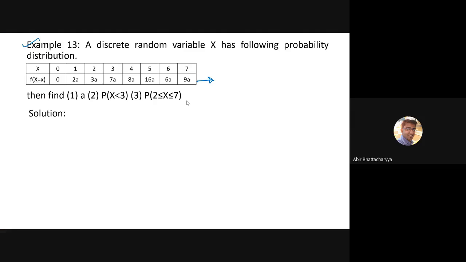From here, find the value of a. This is going to be your homework. Please note it down and complete it. After finding the value of a, update this probability distribution, and later calculate the probability of X less than 3 and the probability of 2 less than or equal to X less than or equal to 7. Very standard and straightforward question that can appear in your exam.